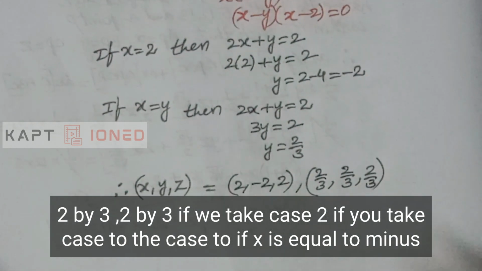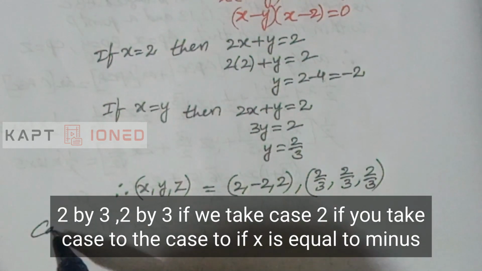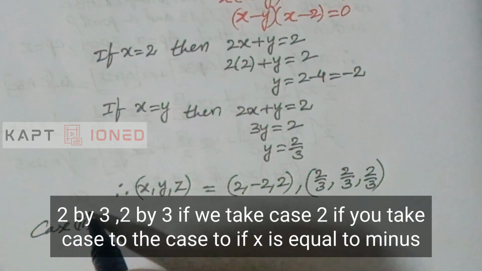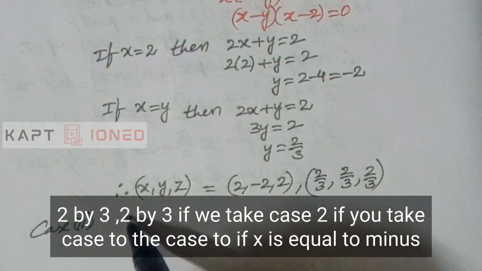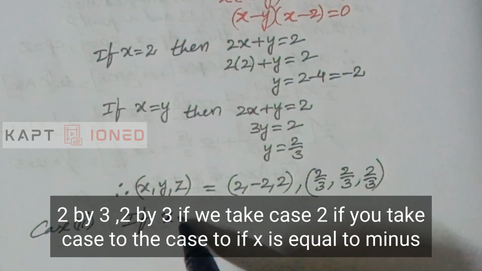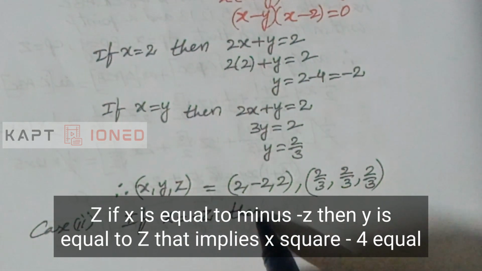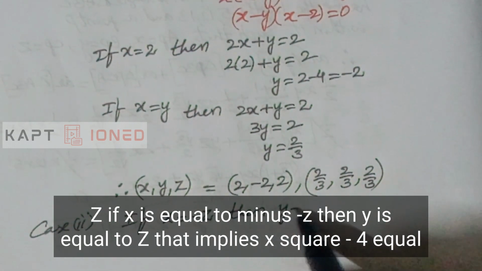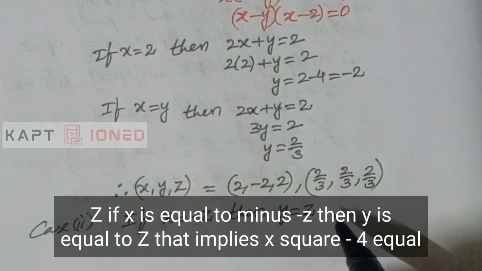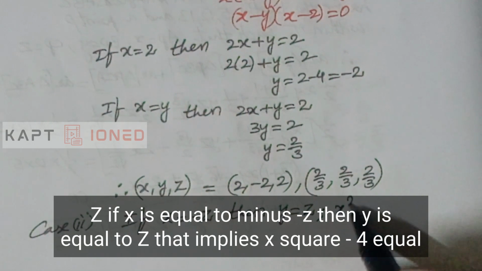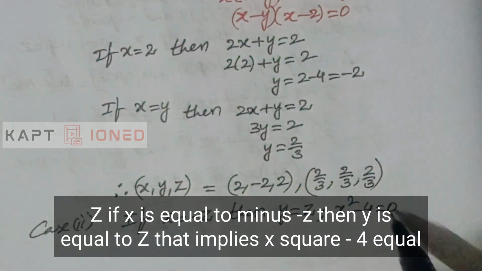Now if we take case 2, in the case 2, if x is equal to minus z, then y is equal to z, that implies x square minus 4 equal to 0.